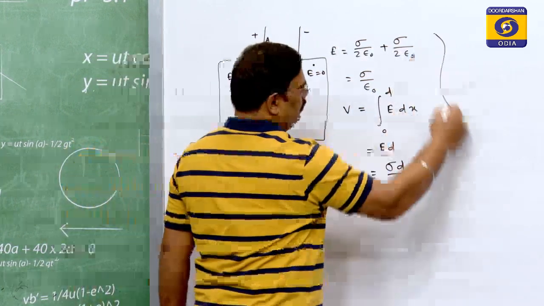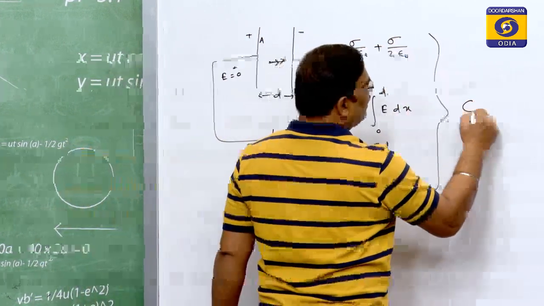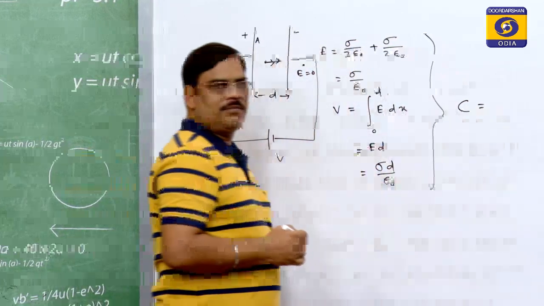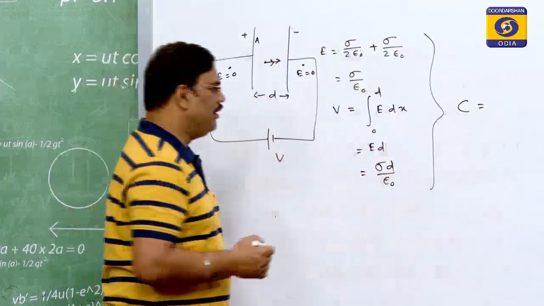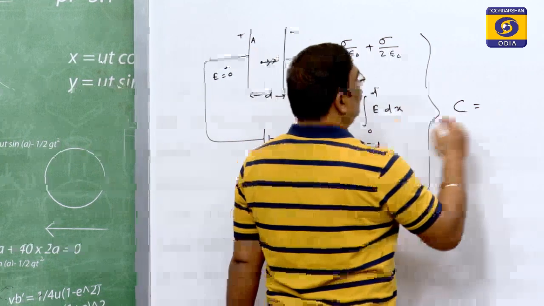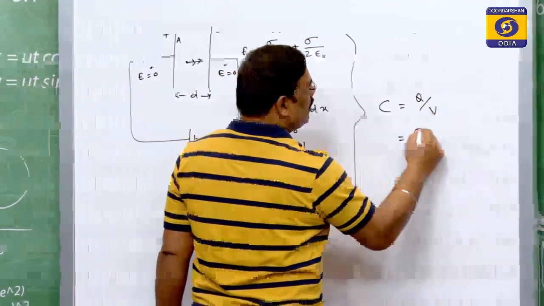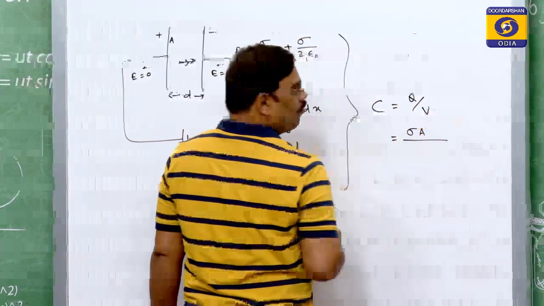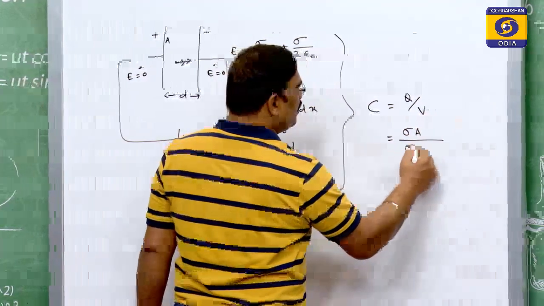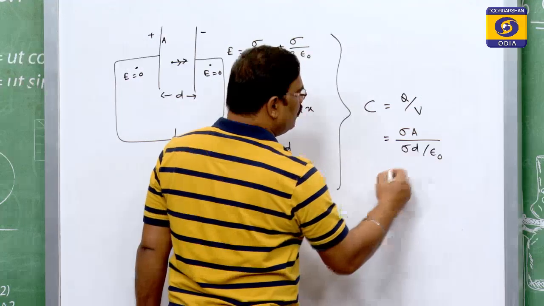Therefore, the capacity of this capacitor having plate area A and plate separation d is Q divided by V. Q is sigma A, V is sigma d divided by epsilon 0.